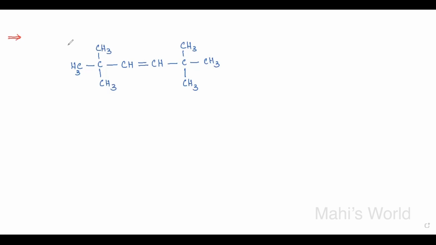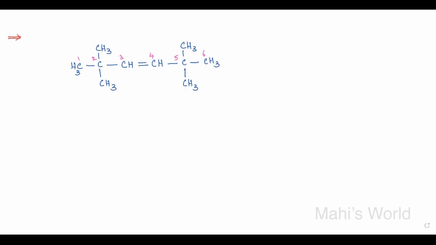Looks to be a kind of mirror image. This and this both are same, so it can be numbered from either side. Let us check. 1, 2, 3, 4, 5, 6. 6 carbons with 2 methyl groups on the second carbon, and of course, 2 methyl groups at the 5th carbon. Of course, the double bond after the 3rd carbon.